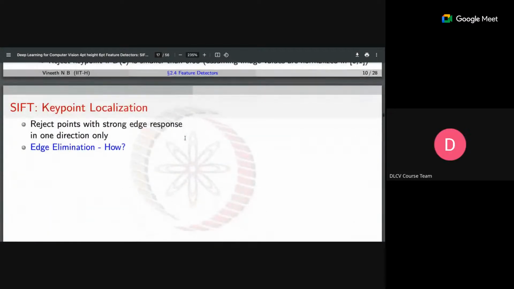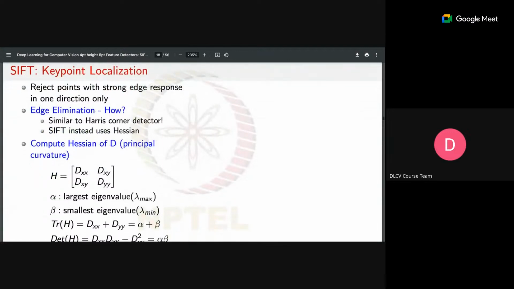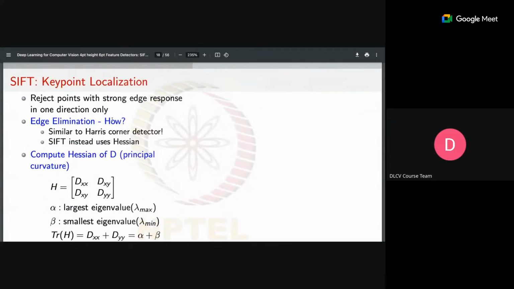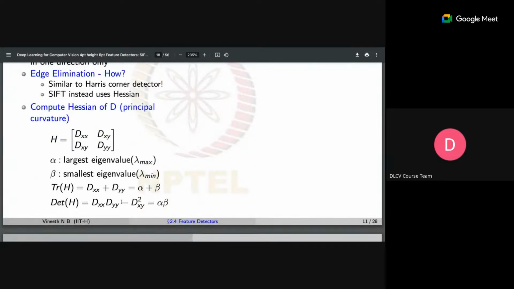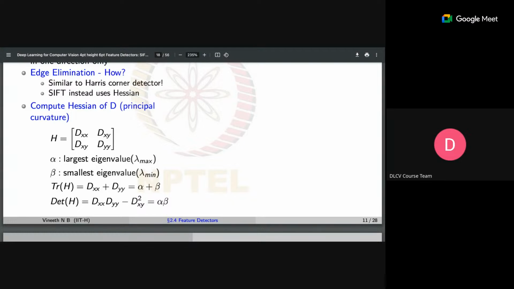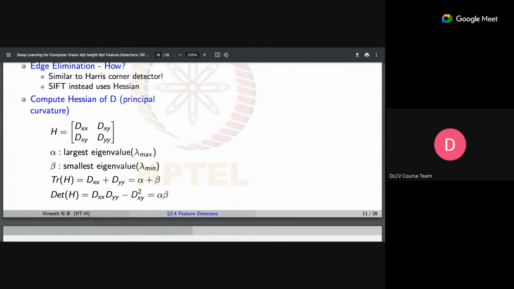Now you have to do some sort of edge elimination also. First, you have removed the key points which are below some threshold. Now you can do edge elimination using something like the Hessian. Now you find the Hessian, right? So the next step, that is what you are asking, whether it is a minima or maxima. The Hessian will tell you. The second derivative will tell you.